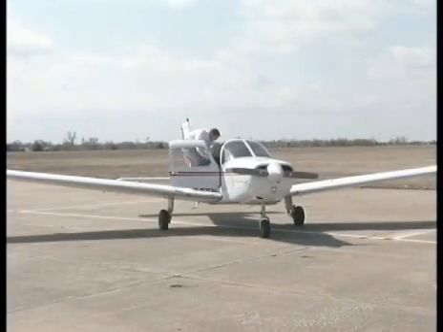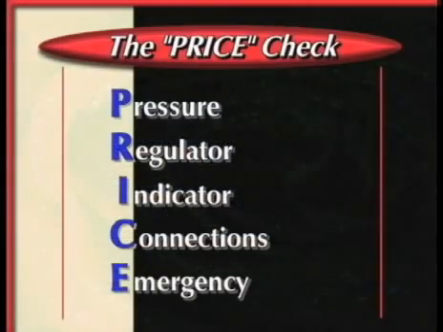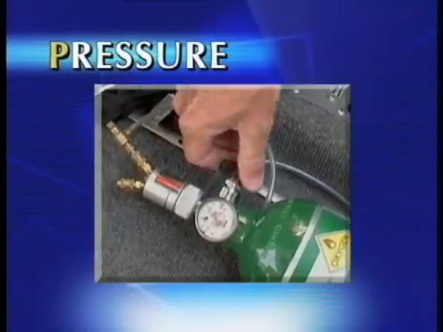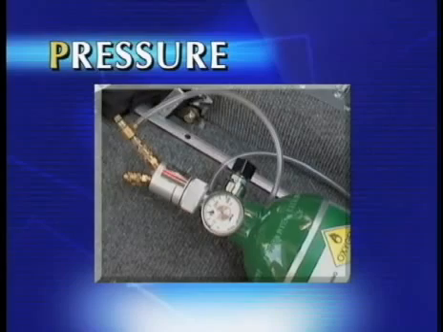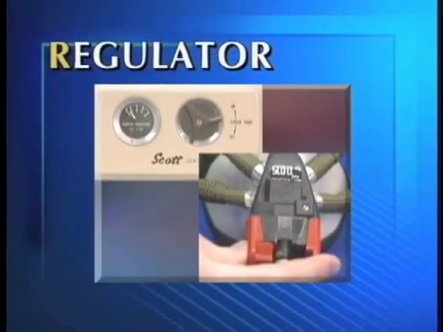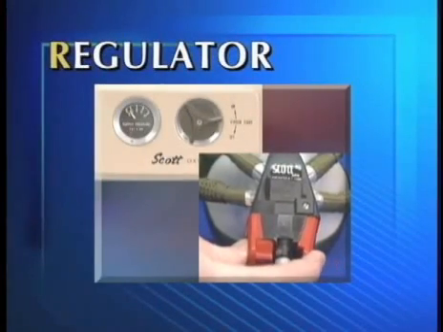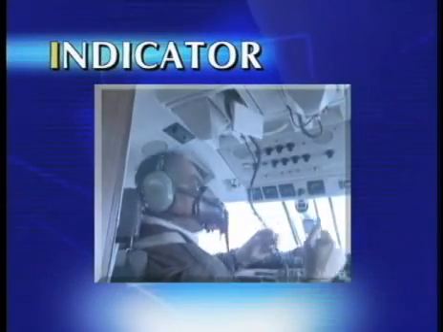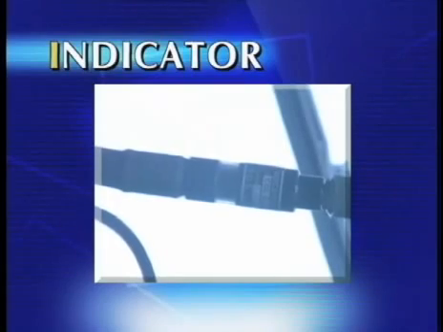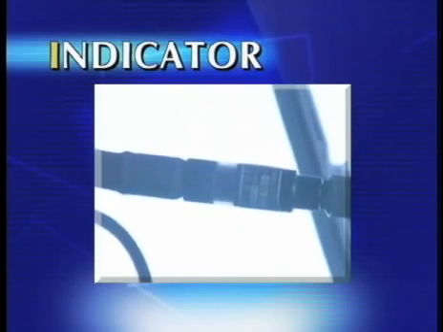Prior to every flight, the pilot should perform the PRICE check. Pressure. Ensure there is enough oxygen pressure and quantity to complete the flight. Regulator. Inspect the oxygen regulator for proper function. Indicator. Check the oxygen flow indicator to assure that there is a steady flow.